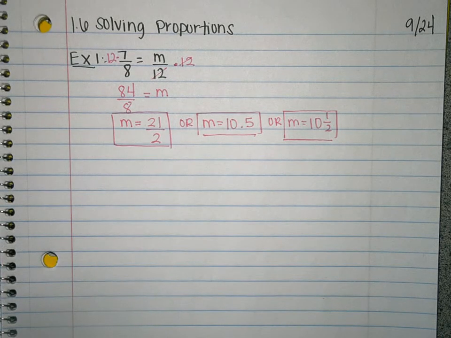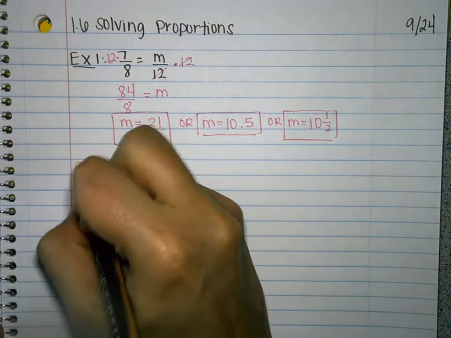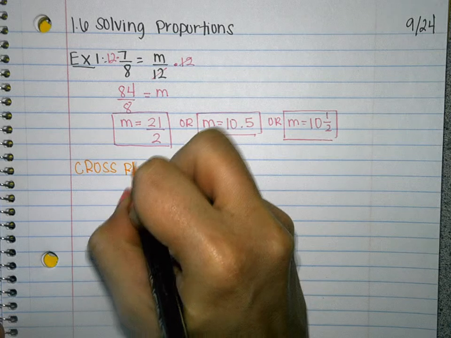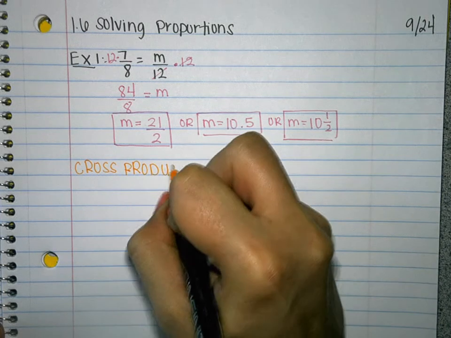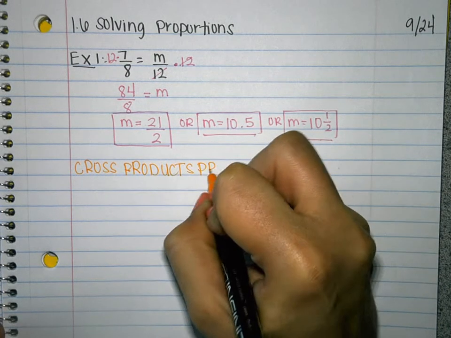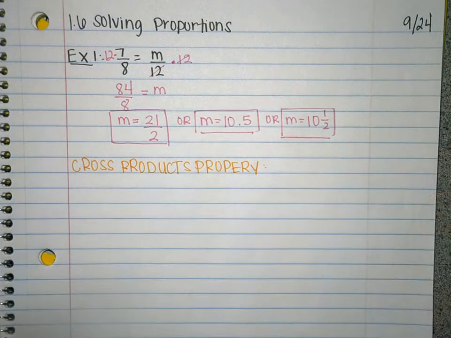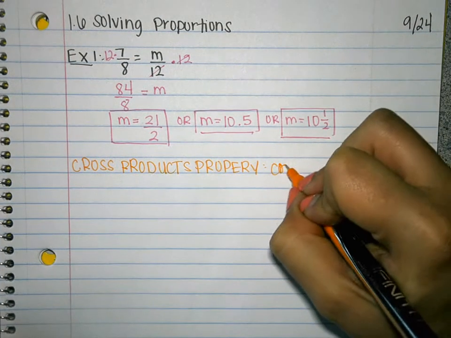Okay, so that's really great. We can use multiplication to reverse the division and get the variable by itself, but there will be some problems that are a little bit more complicated than that. So we have a new property called the cross products property, which states that cross products are equal.